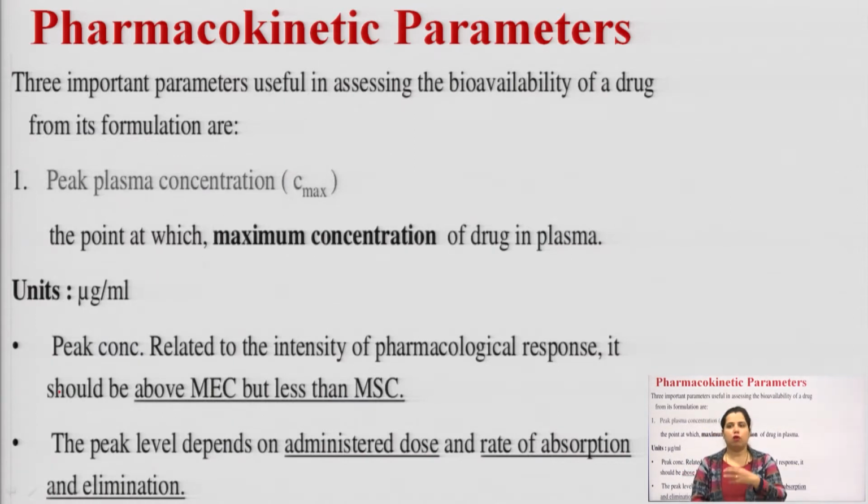Using these parameters and compartment models of first order and zero order kinetics, we can identify the drug bioavailability, that means the rate and extent of the drug reaching systemic circulation, because reaching systemic circulation is the only way to exert its biological activity in patients.